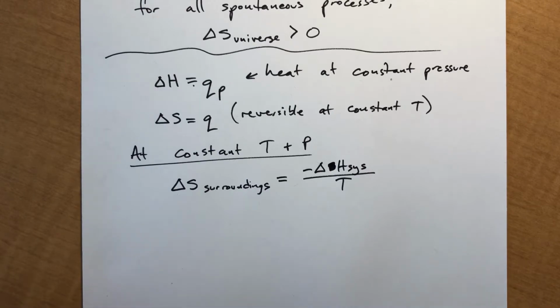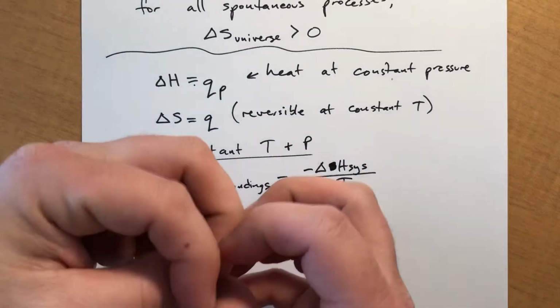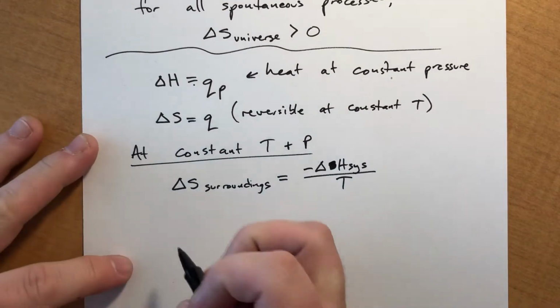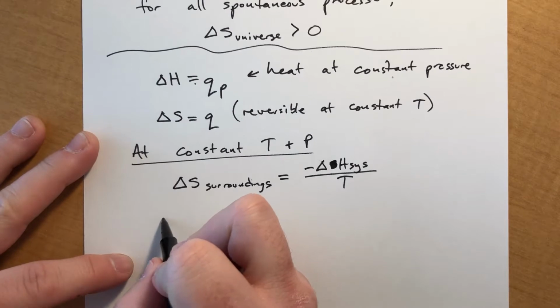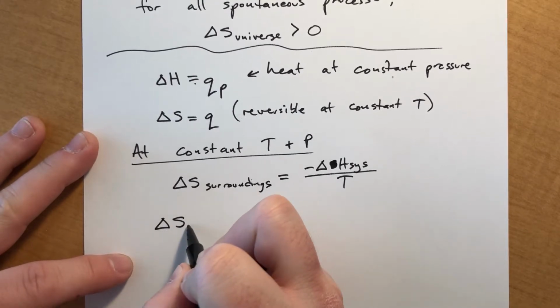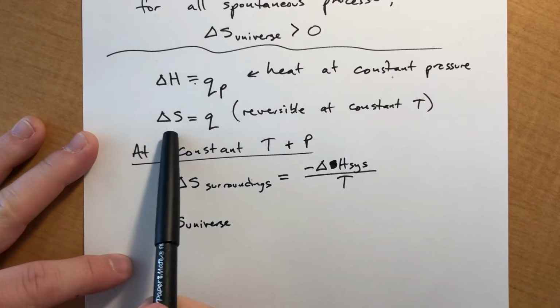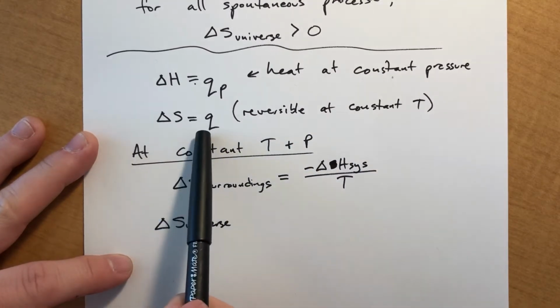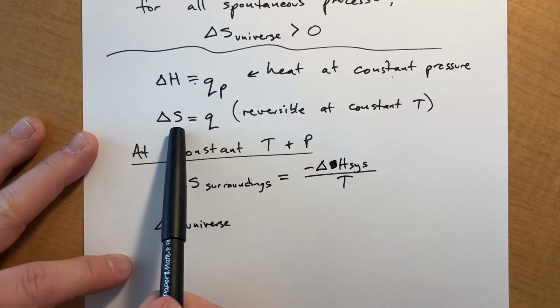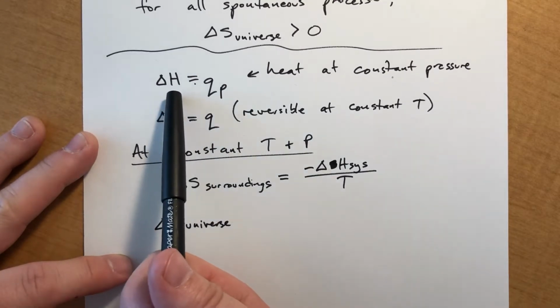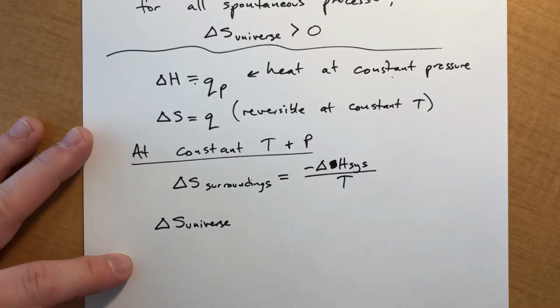But the idea is that basically the heat being lost to the surroundings should be the only impact on the surroundings itself. Okay, so we can write that the delta S of the universe, right, because we said that heat lost at constant temperature is the heat, or it is delta S. Well, the delta S of the surroundings can be measured as how much heat is lost by delta H, so that's why it's negative. Okay.